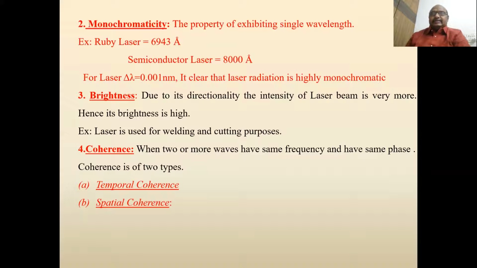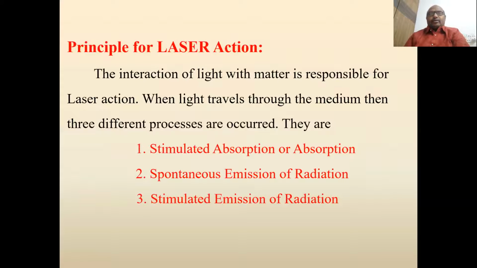It is clear that laser radiation is highly monochromatic. The brightness, that is the directionality of the intensity of the laser beam, is very high. The laser is used for welding and cutting processes. Coherence means two or more waves have the same frequency and the same phase. Coherence is of two types, spatial coherence and temporal coherence.